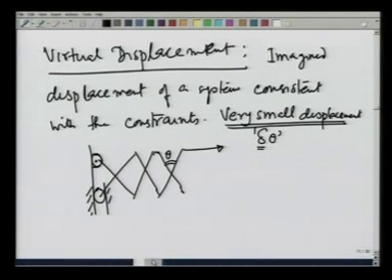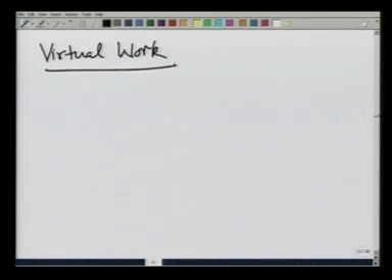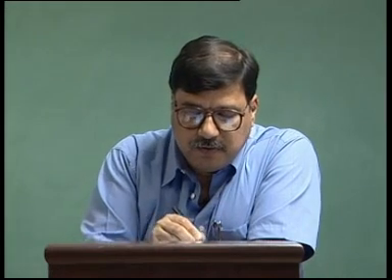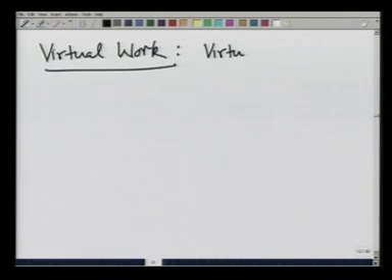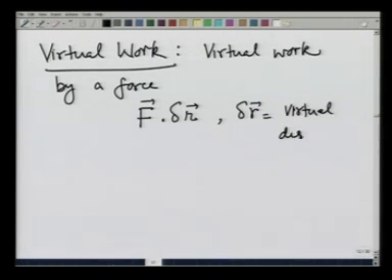Next, associated with virtual displacement is something called the virtual work. When you are making a virtual displacement, each particle in the system is changing its position. So, virtual work by a force is force times delta r, where delta r is the virtual displacement.